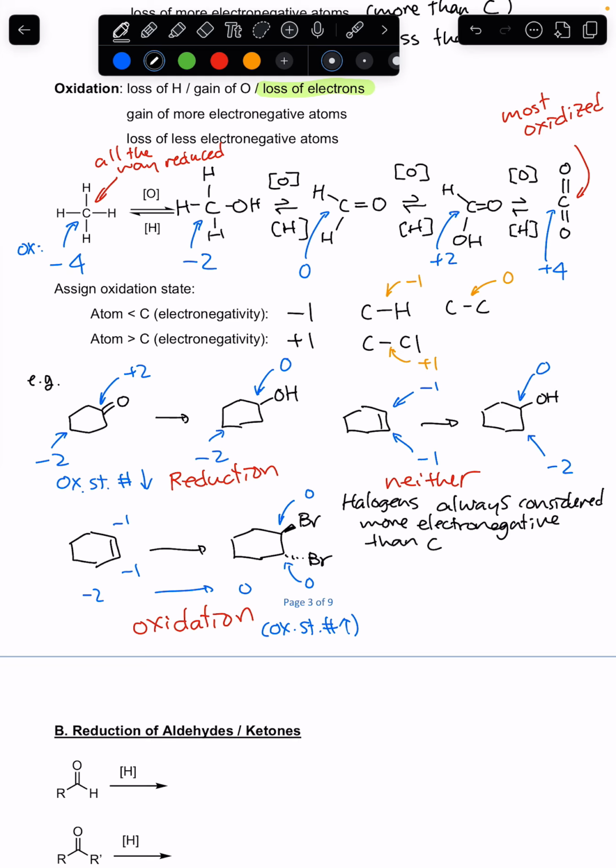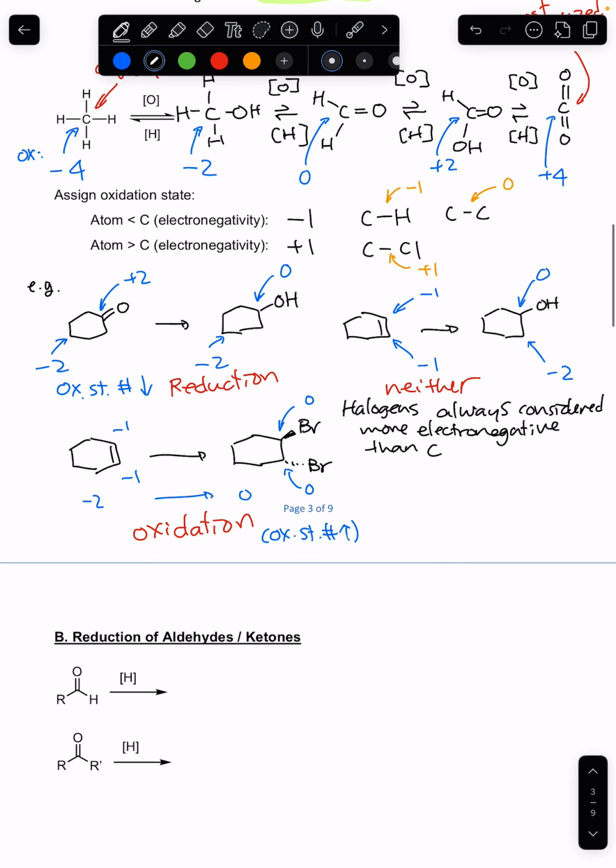Even though when you look at the Linus Pauling scale number for carbon and, say, iodine, you might not think so, for the purpose of redox reactions, I just want you to consider halogens, especially iodine, as always more electronegative than carbon. I might add that a reaction like this oxidation is typically very difficult.